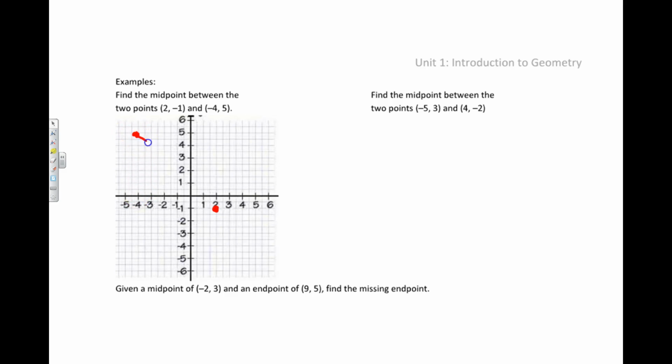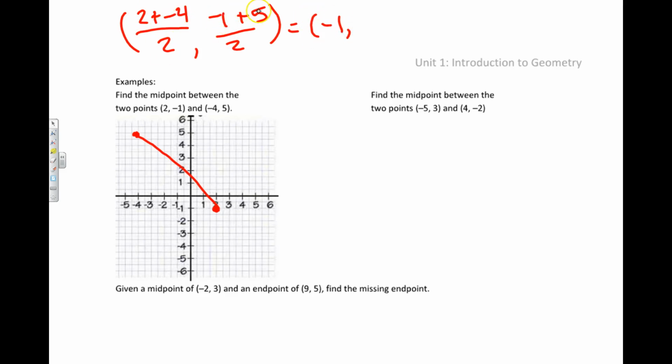So the midpoint of this segment right here, I'm going to do the average of my x values, so 2 plus -4 over 2, comma, and the average of my y values, -1 plus 5 over 2, which gets me, well, 2 plus -4 is -2, divided by 2 is -1, and then -1 plus 5 is 4, divided by 2 is 2. So my midpoint is at -1, 2, which if I could have drawn a straight line would have been right there, which would break that into 2 equal pieces.